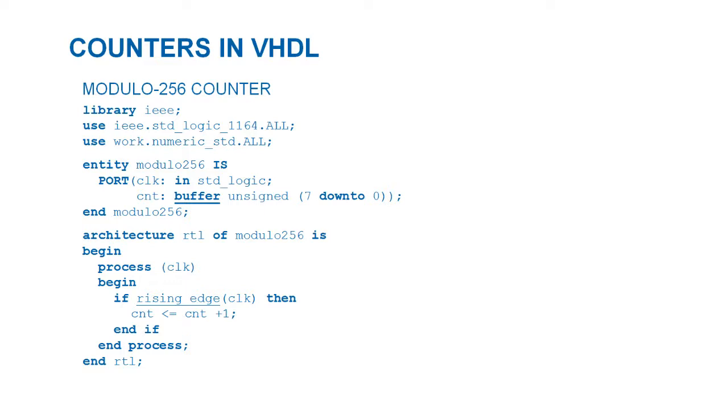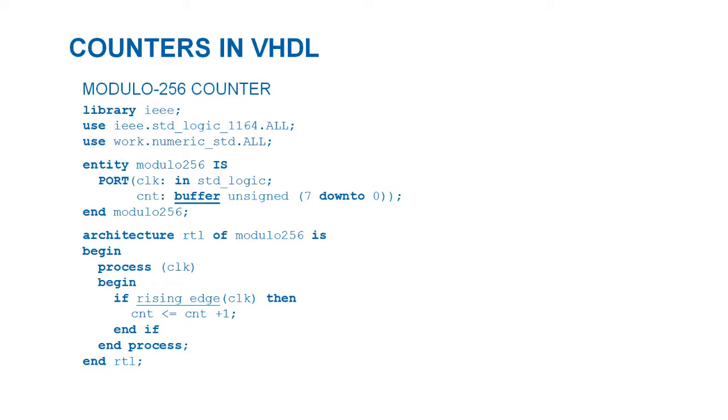For this, I have a clock that comes in, and with this clock I will be able to update on every positive edge, or if I choose, negative edge, of the clock. Then I would like to update my counter and increment by a value of 1. So I have a clock coming in, and a counter value as a buffer going out.